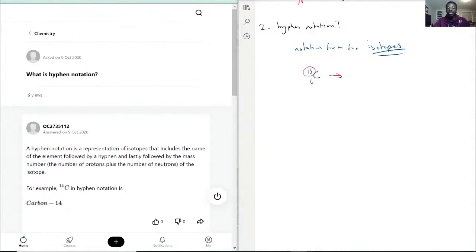That's what that number up there is. So for hyphen notation, you would really just have carbon dash, which is a hyphen, 13. This is effectively the hyphen notation for any compound you come across.